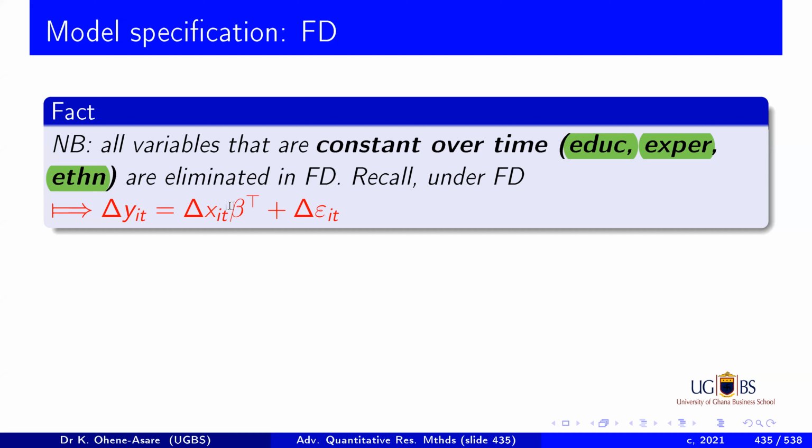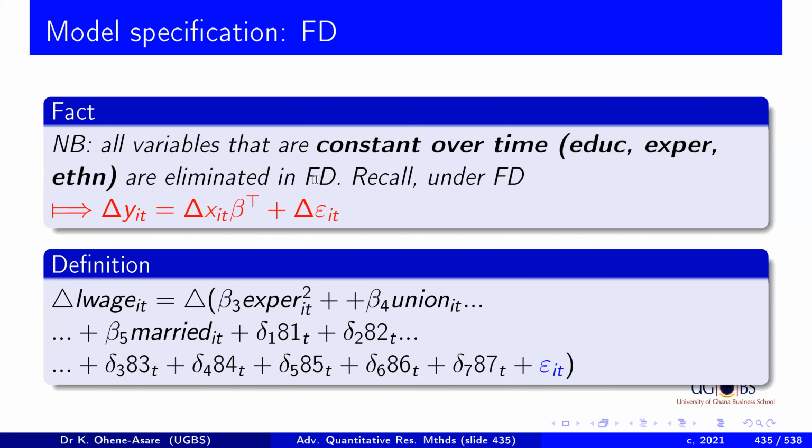So remember, when we are going to do the modeling, we will eliminate those factors that are fixed over time in the original model. So this is the original model. So what do you see? You can see that we have changes in the wage. We are just formulating it. And this is equal to changes in all of the factors that are changing with time.